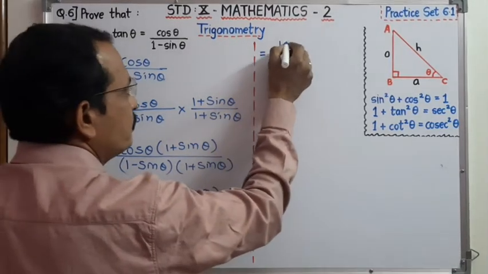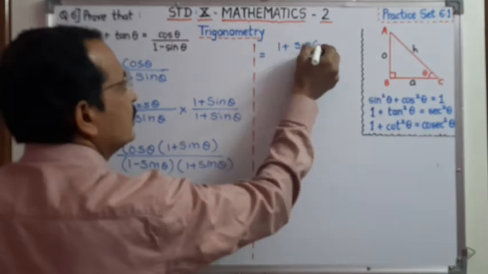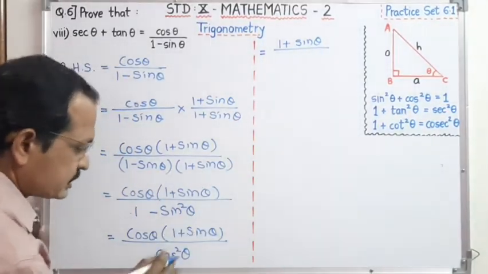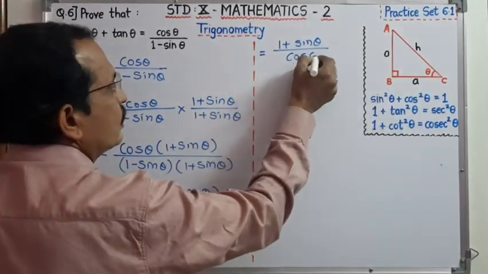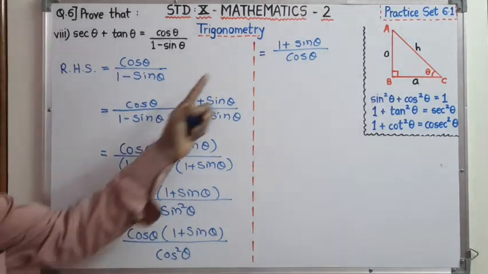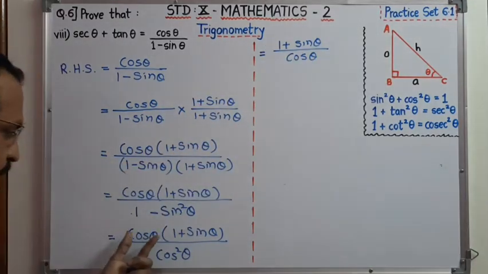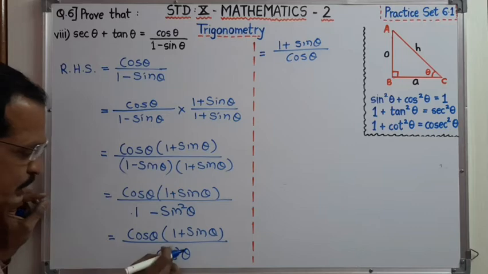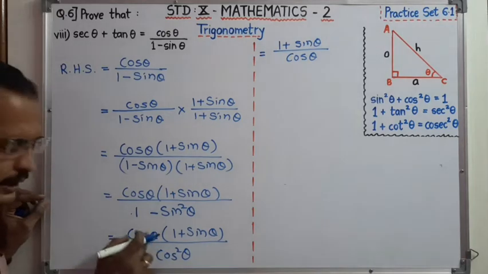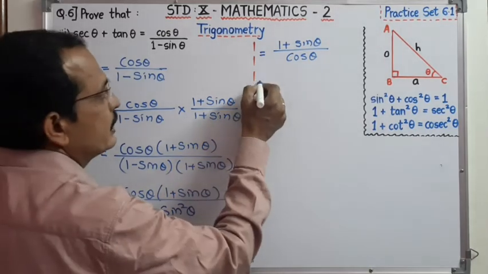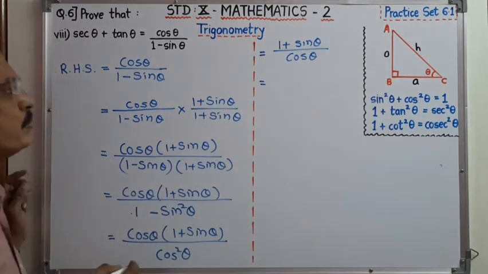Therefore it is 1 plus sin theta upon cos theta. Got it? Very simple. Therefore now see, very simple it is.